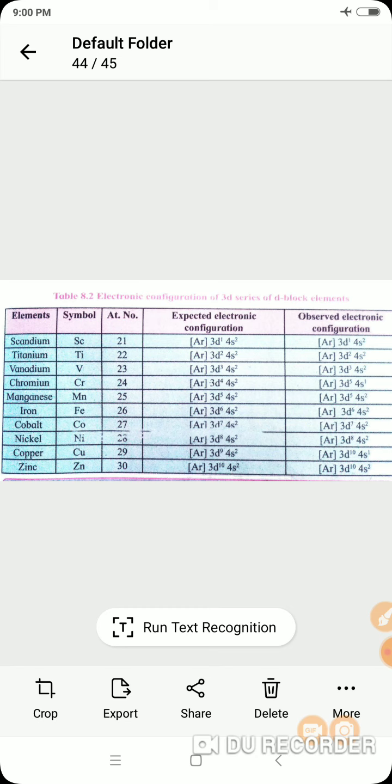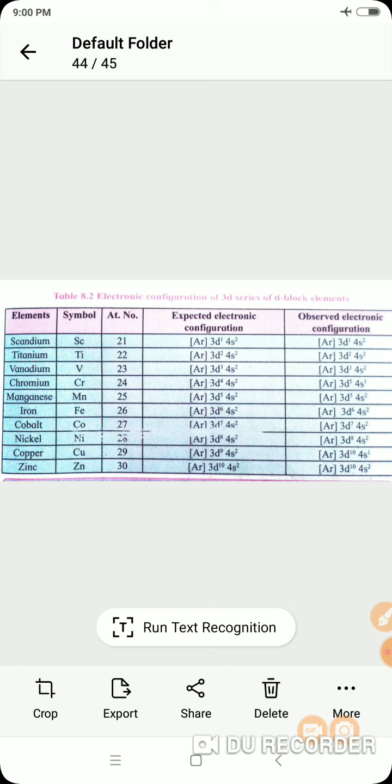In the 3d series, two elements show exceptional behavior, and these two elements are chromium and copper, because the expected and observed electronic configurations are different in these two elements.